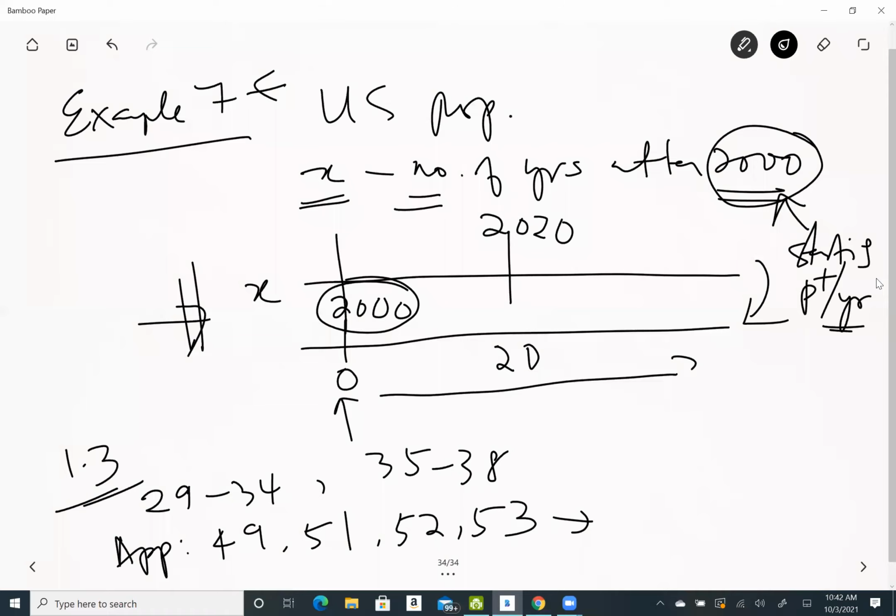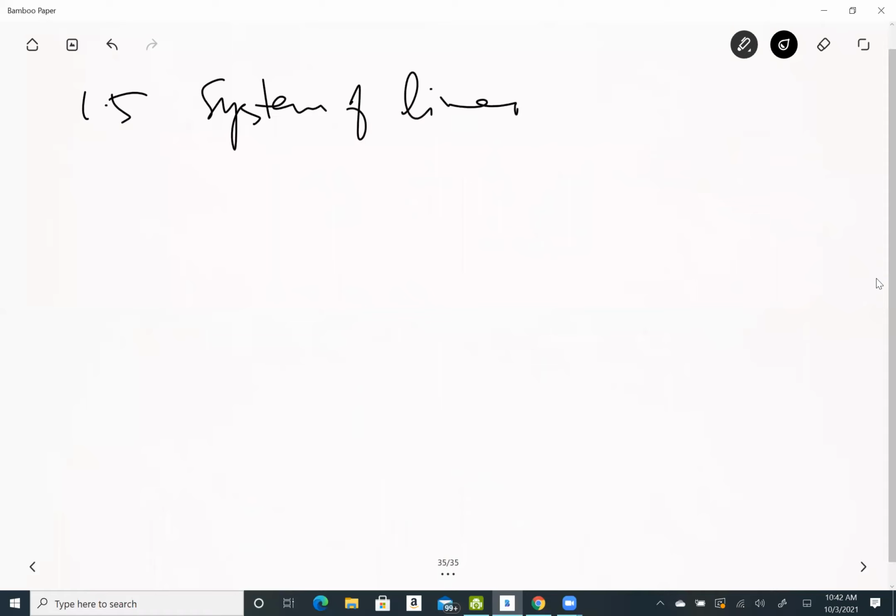Now 1.5 is on the system of linear equations, or linear functions. Sometimes we call it equations because that includes some linear equations which are not a function.